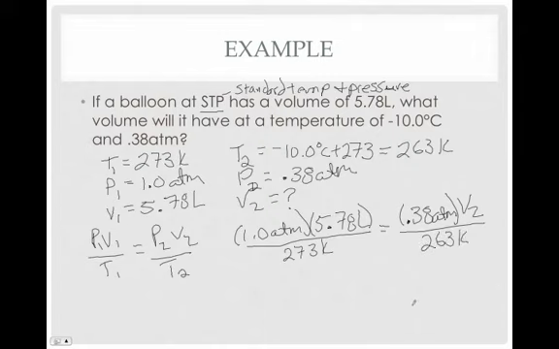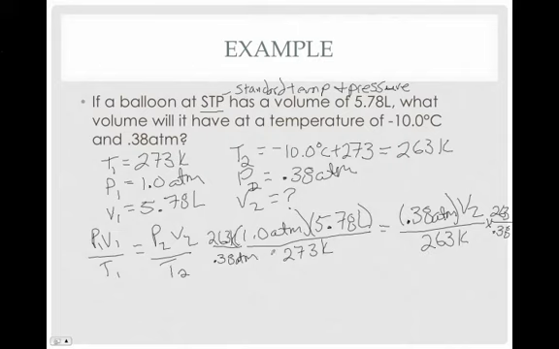Now, to get V2 by itself, we need to multiply by 263 and divide by 0.38. So here we divide by 0.38 atms and multiply by 263 Kelvin.